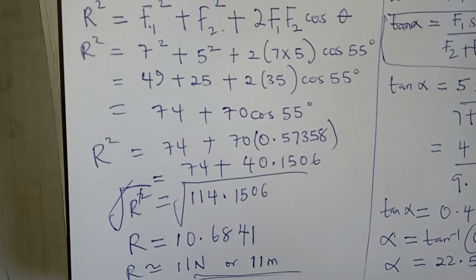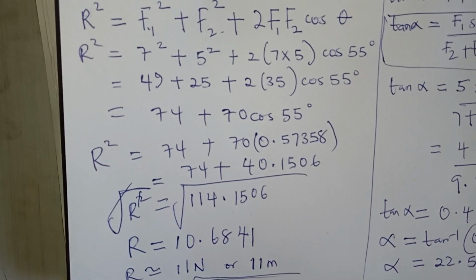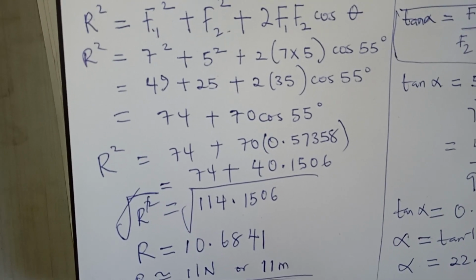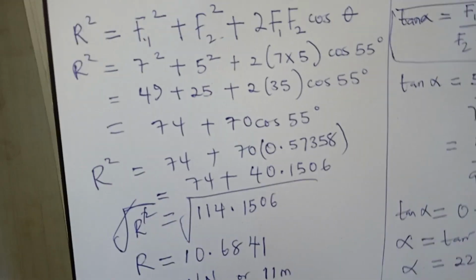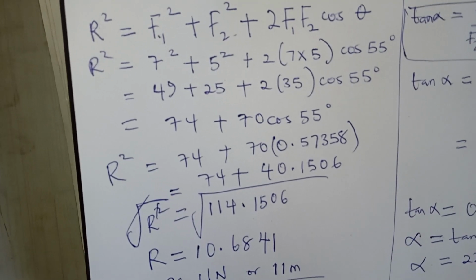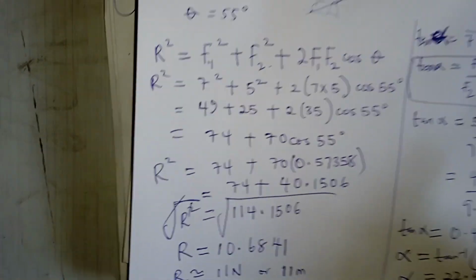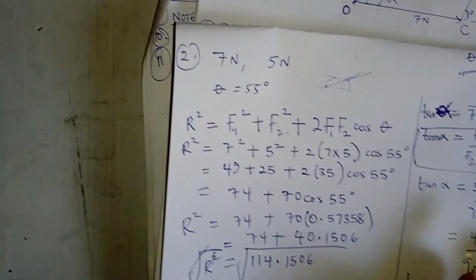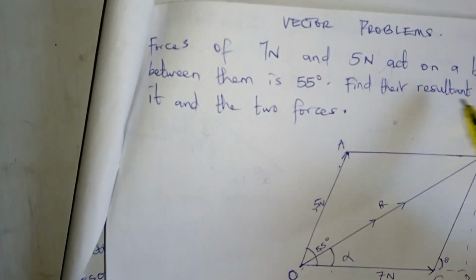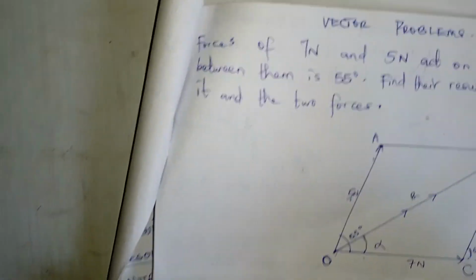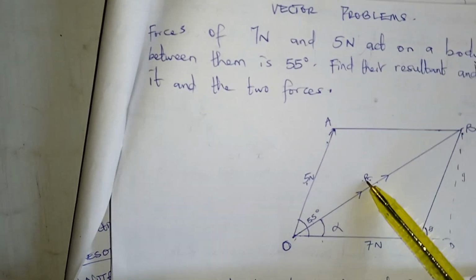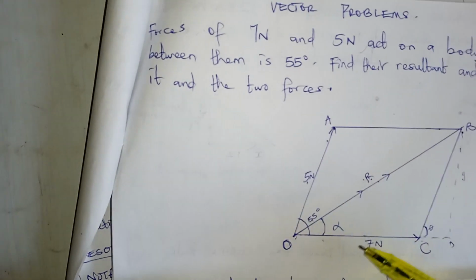So that means for you to now get the angle between, they said find the resultant and the angle between the two forces. So the angle between this resultant and this particular force is 22.5 degrees.